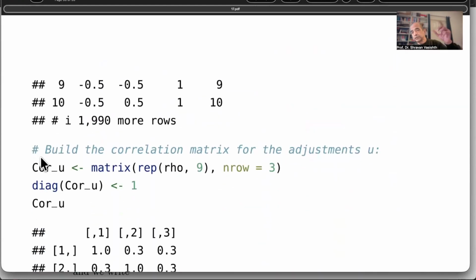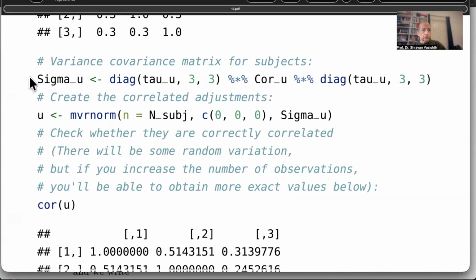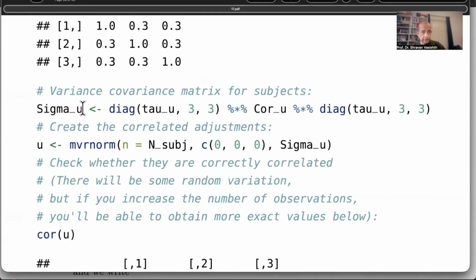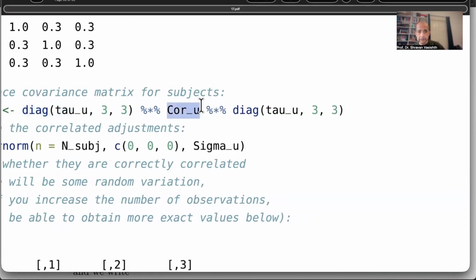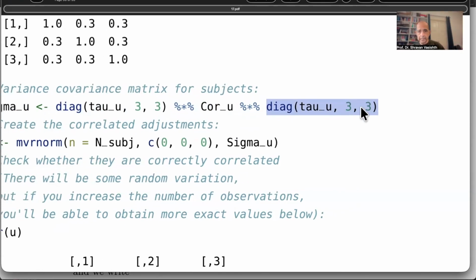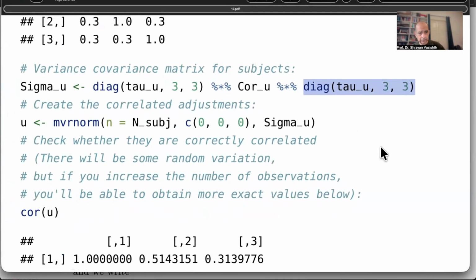We need that to generate the U's, the adjustments. So here, the variance covariance matrix is built by taking the diagonal matrix of the tau U vector, multiplied with the correlation matrix, and then post multiplied with the diagonal tau U vector, just like we discussed in chapter 1 and, I think, in the Stan programming language chapter as well.